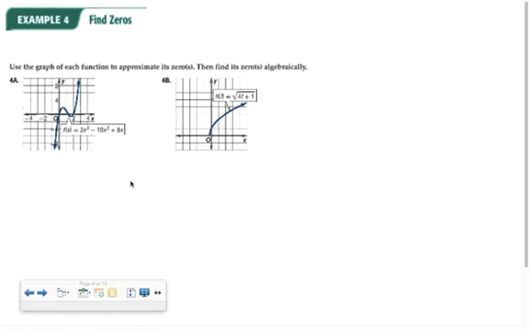So you could think of them as the solutions for the equation. So in this problem, we can think of it as trying to find our x-intercepts. And again, notice what they're asking us to do. They're asking us to look at the graph to approximate the zeros, so to get a general idea of where our answers should end up when we do this algebraically. And then we'll do it algebraically.